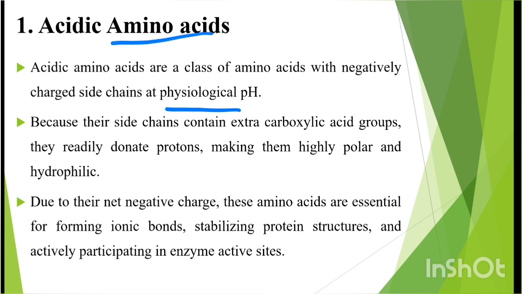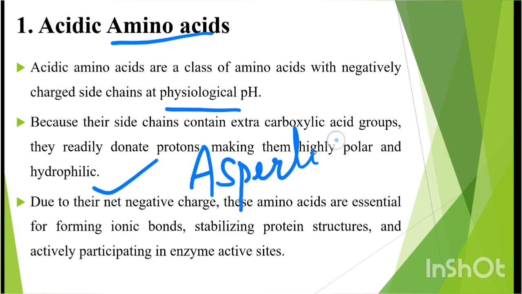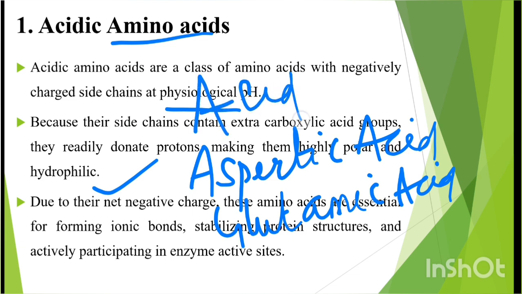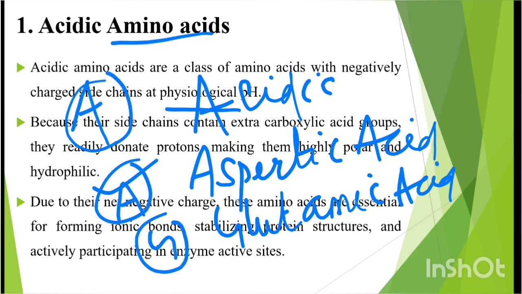Acidic amino acids, where the net charge is negative, there are two examples of acidic amino acid: aspartic acid and glutamic acid. So you can remember this like acidic: aspartic, glutamic, A, G. Okay.